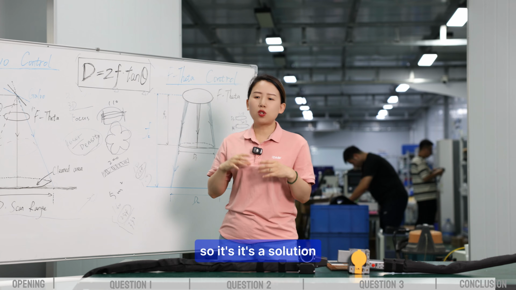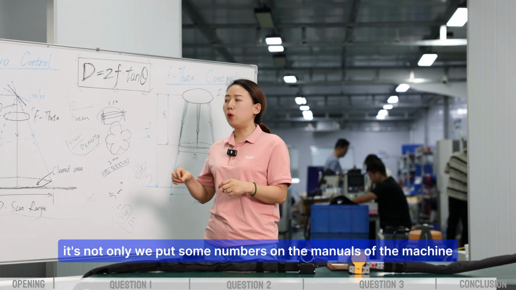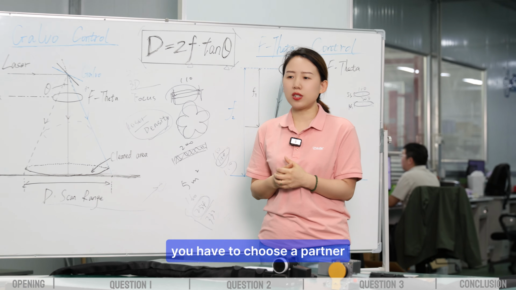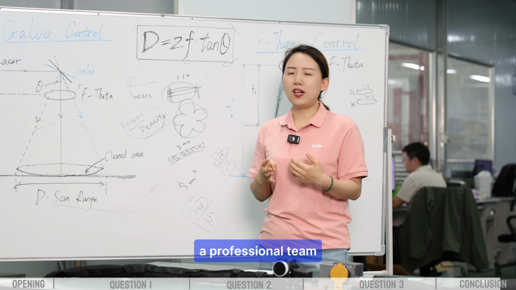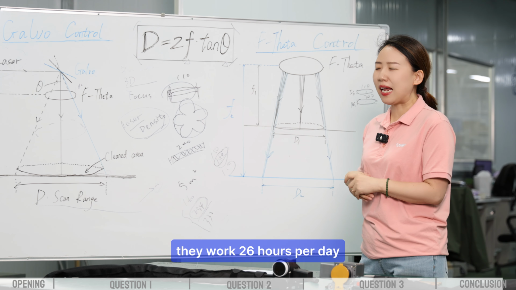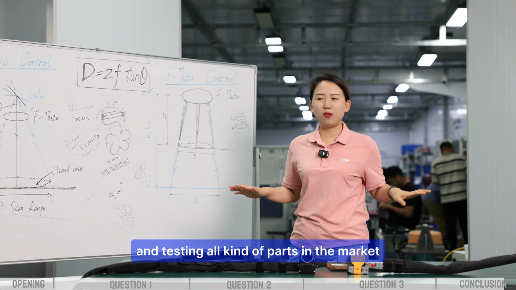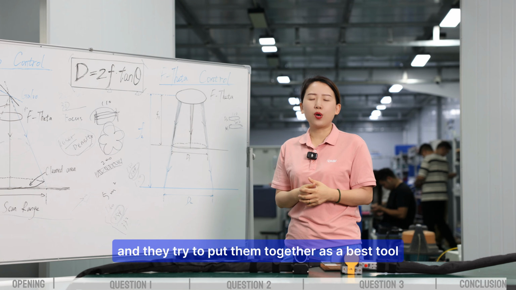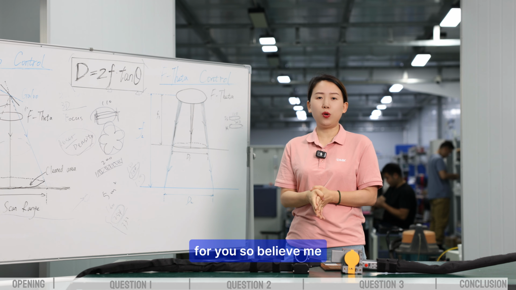It's a solution. It's not only that we put some numbers on the manuals of the machine. You have to choose a partner, a professional team. Those engineers work 26 hours per day testing all kinds of parts in the market, and they try to put them together as the best tool for you.